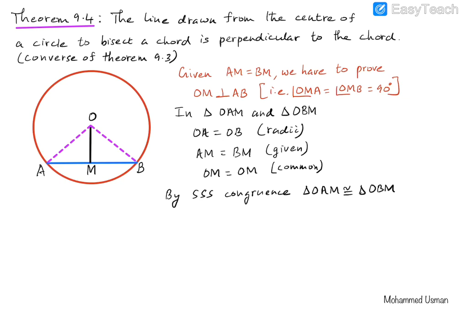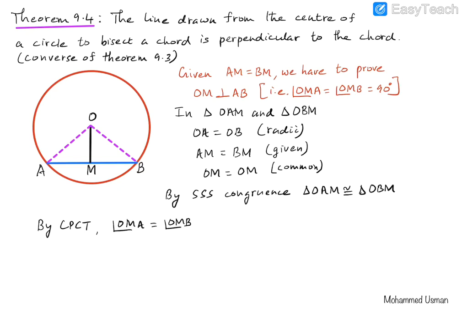Now we can apply the CPCT rule, corresponding parts of congruent triangles, and show that angle OMA is equal to angle OMB.